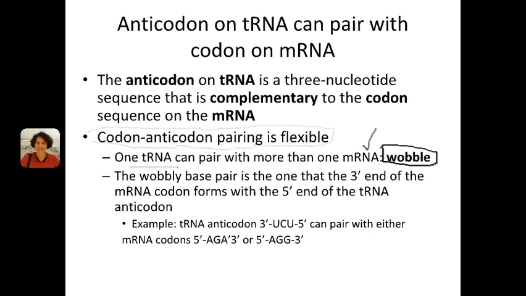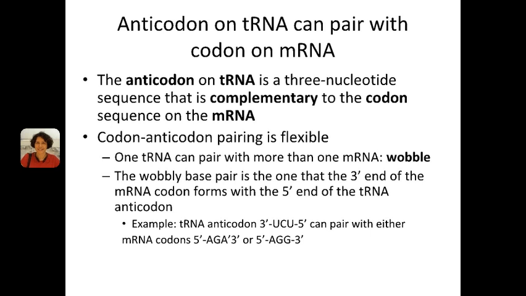And the wobble occurs at the 3' end of the messenger RNA. In other words, the 3' end of the messenger RNA can sometimes vary so that you can have messenger RNAs that have a different nucleotide at the 3' end, and they can bind to the same tRNA anticodon.